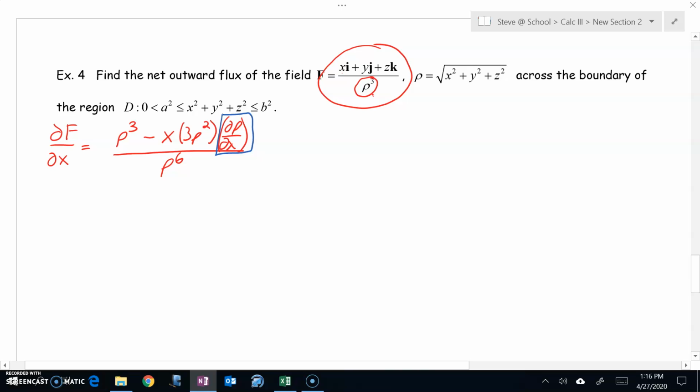Okay? And so we can do that over here though, because we know that rho is equal to x squared plus y squared plus z squared to the 1/2. So if I take this with respect to x and leave y constant and z constant, I get the derivative of rho with respect to x is 1/2 times all of this.